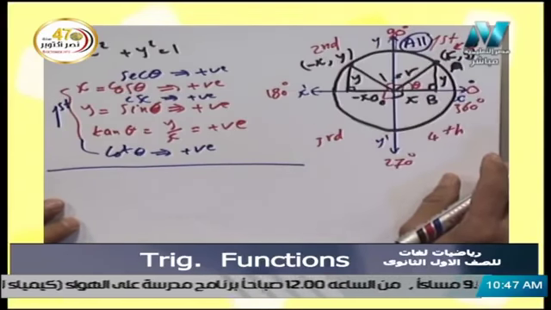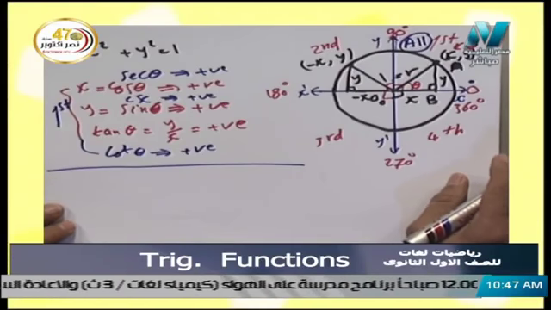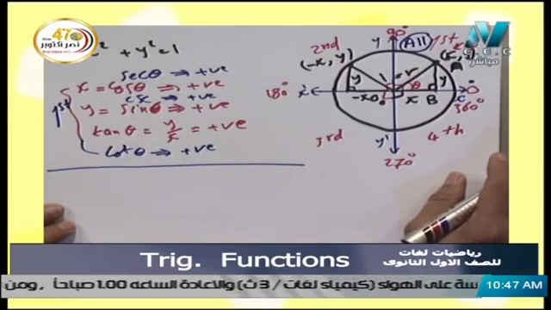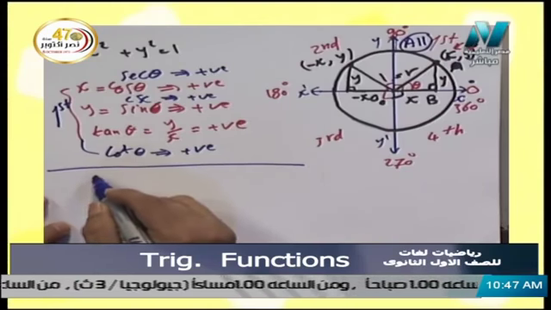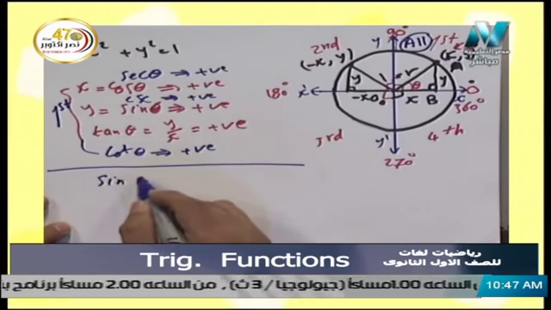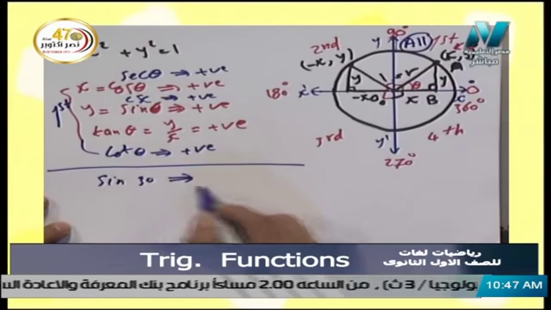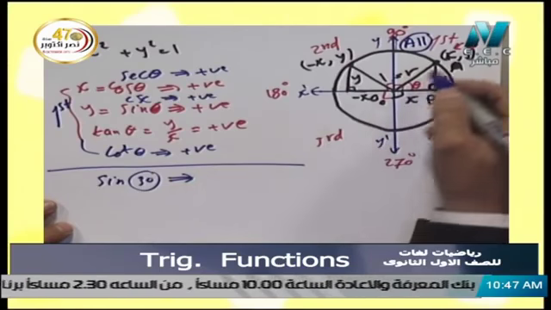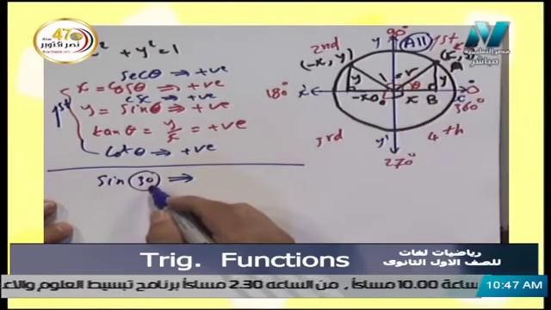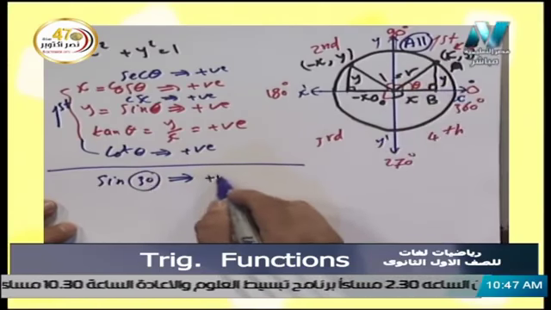Between 0 and 90 may be 30 degrees, 50, 60, and so on. So when someone asks us, sine 30, is it positive or negative? We know that 30 lies in the first quadrant, so sine 30 will be positive.